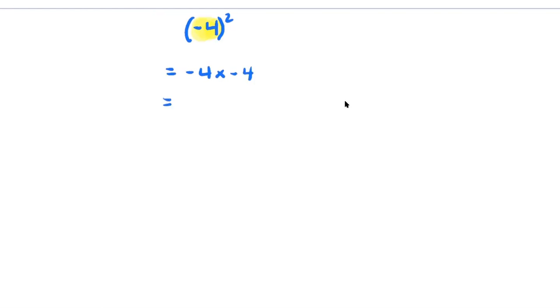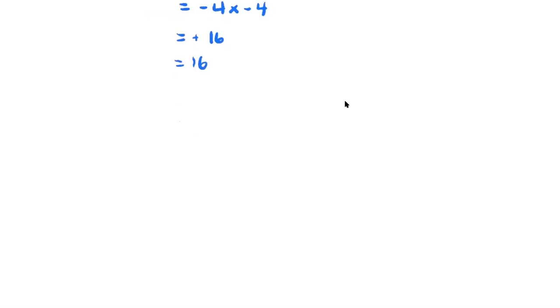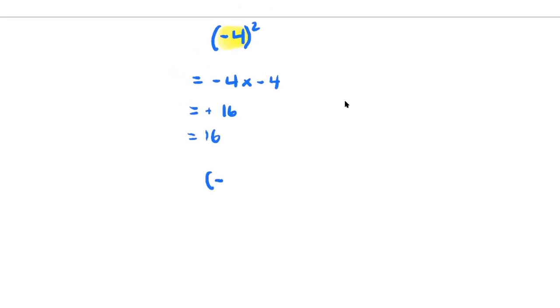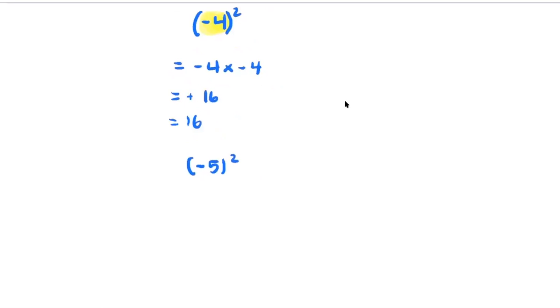What's negative 4 times negative 4? We know 4 times 4 is 16, and a negative times a negative is equal to a positive. So positive 16 is the same exact thing as 16, meaning that negative 4 squared is equal to 16. Let's try one more. Now let's try squaring negative 5. Be careful, these parentheses are very important when we're working with negatives, because this here is a very different thing than this.